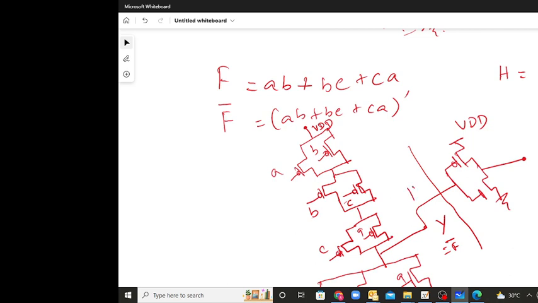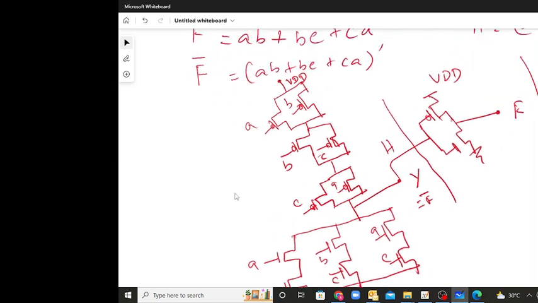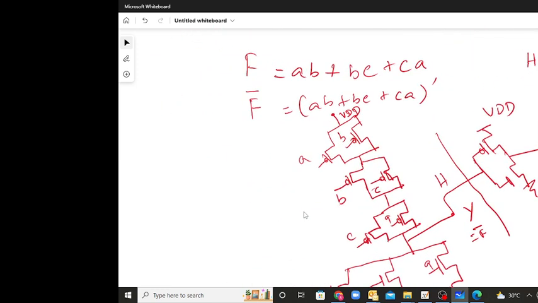Here itself I will get the function H, hope you understand. So if there is a bar on the whole function, there is no need of an extra inverter. If there is no inversion for the whole function, then you have to invert it. You will be having similar problems.